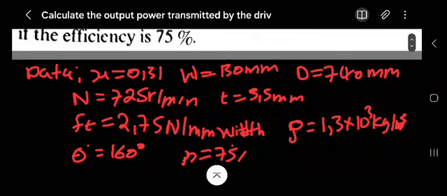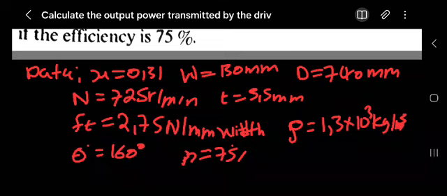So how can we go about this? We want the output power.